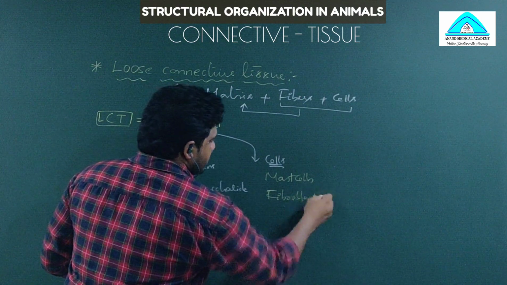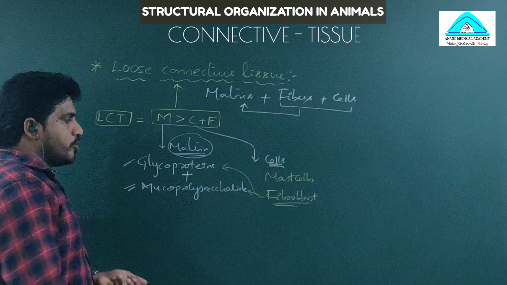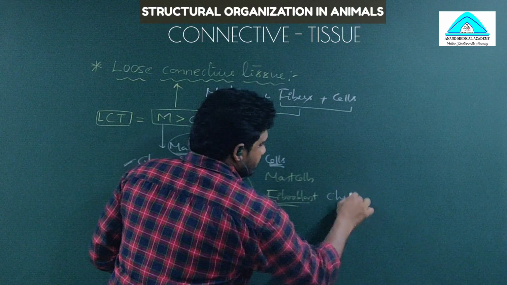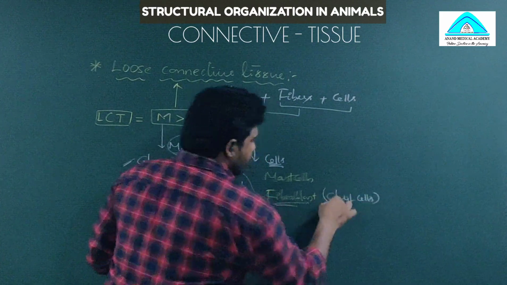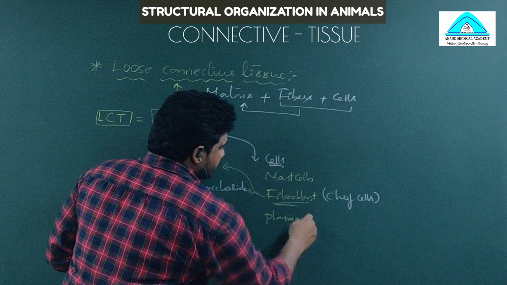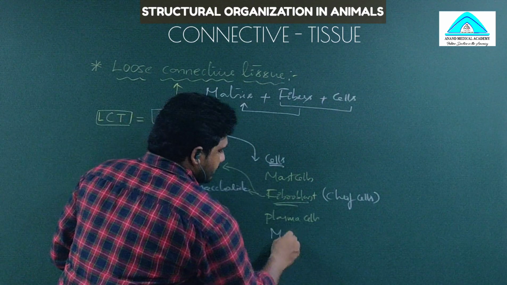We just discussed that fibroblast cells are responsible for secreting glycoproteins and mucopolysaccharides. That's why fibroblast cells are called chief cells, meaning important cells. Other than these two, plasma cells, macrophages.